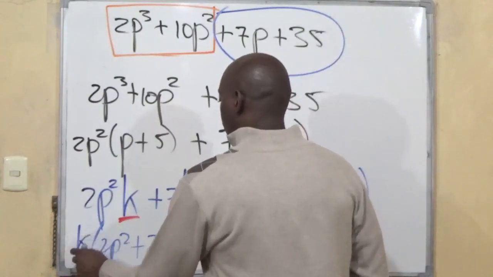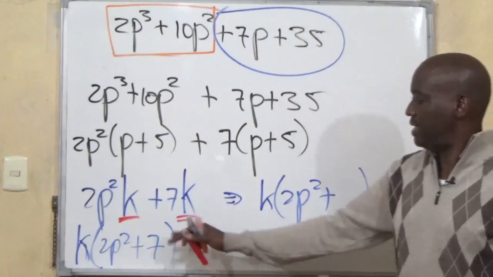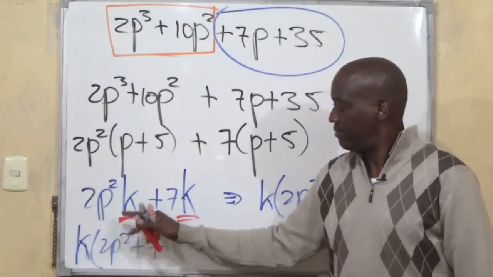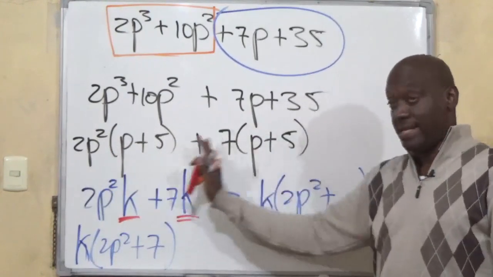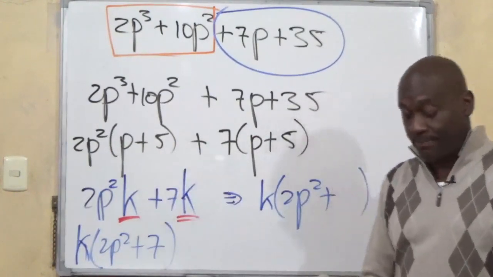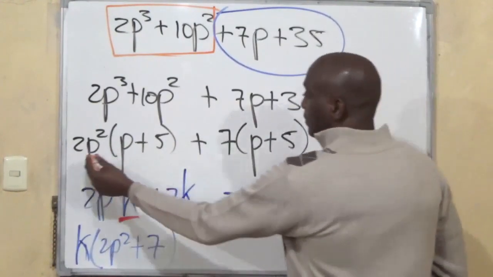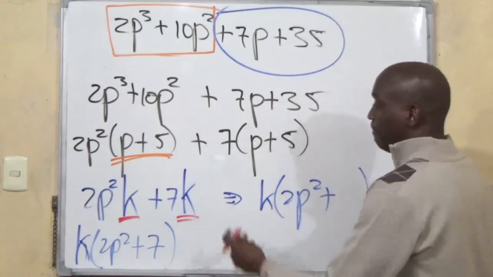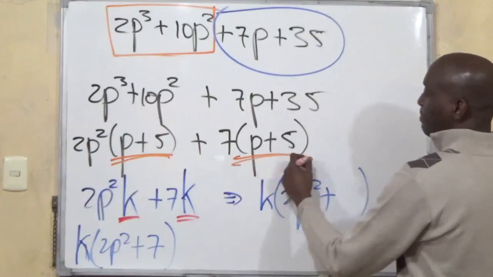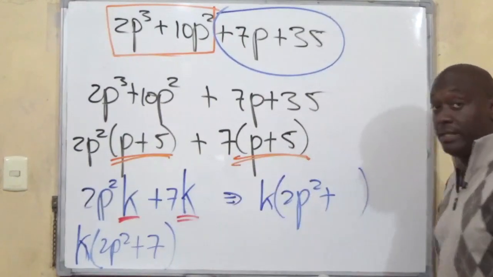So everybody could see the movement from this to this. We mightn't be able to see it as clearly here, except that, watch it here, 2p squared by p plus 5, same p plus 5 there, plus 7 by p plus 5, same p plus 5 there.